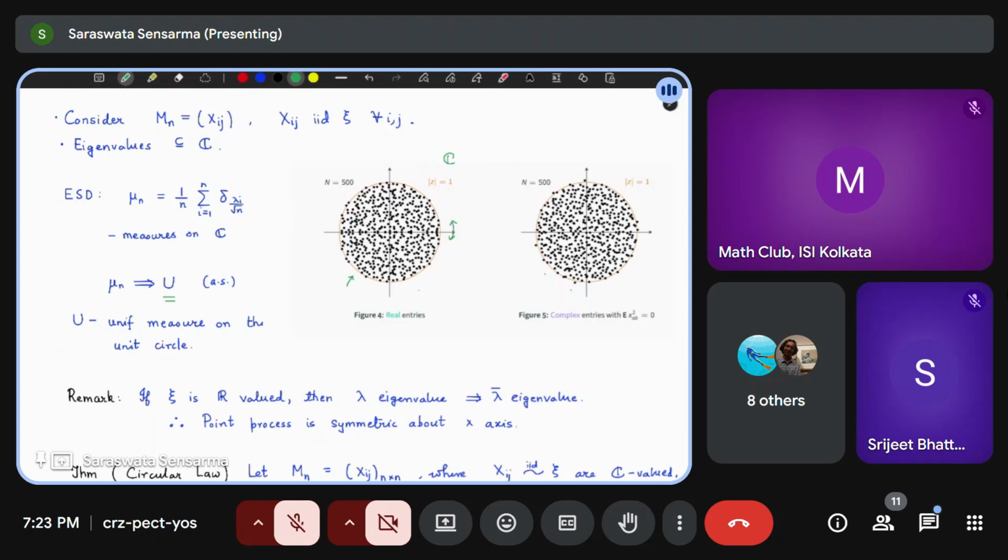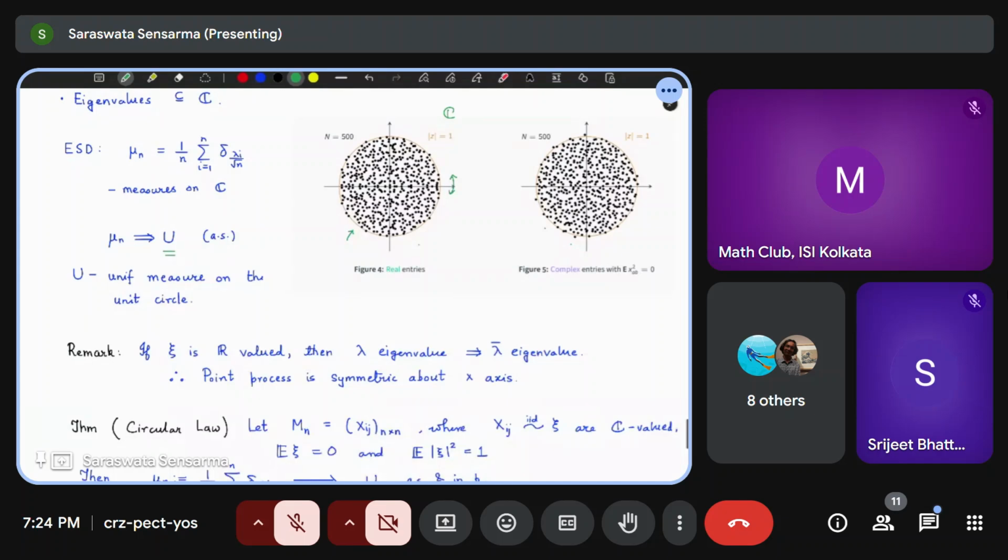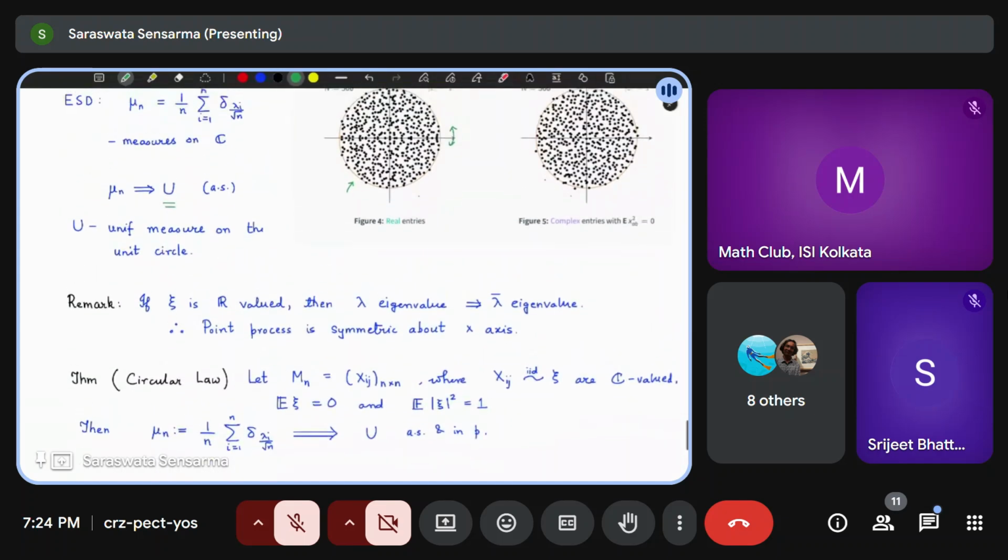I'm pretty sure what I'm saying is very vague, but here the spectrum is very unstable. Anybody who has worked with non-Hermitian operators will tell you the spectrum behaves in a very, very bad manner. However, we still have this circular law.